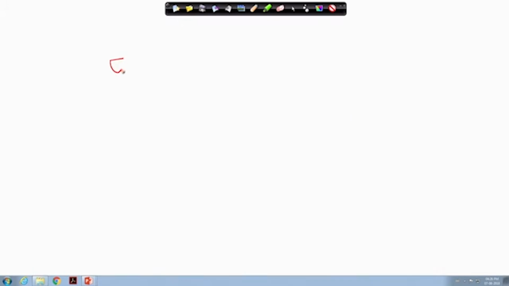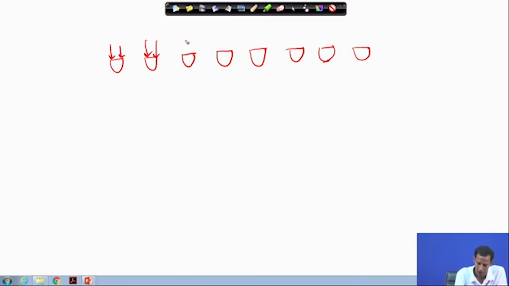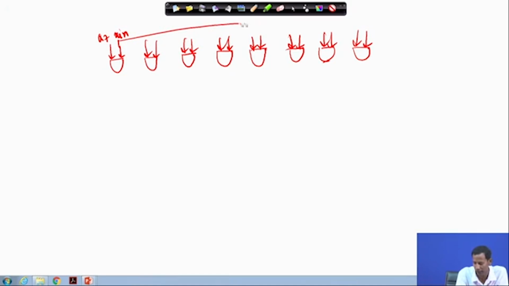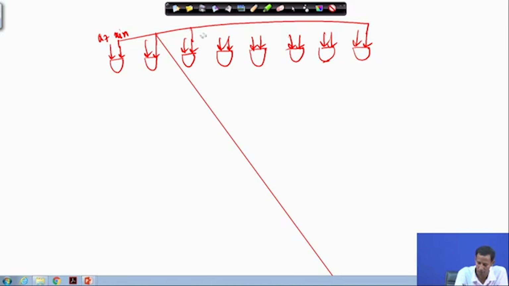It will be something like this: we require total 8 AND gates, so this is A7 x_in. x_in is common for all of these. Let us see what is happening.